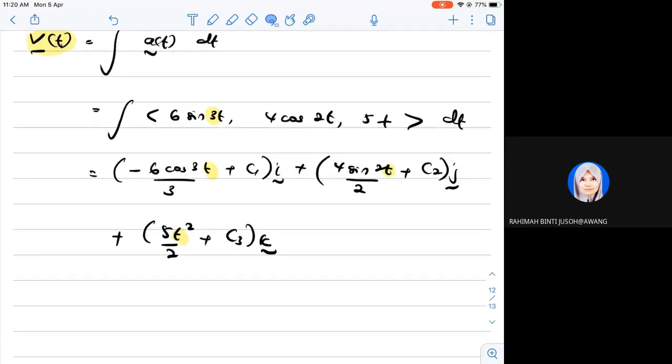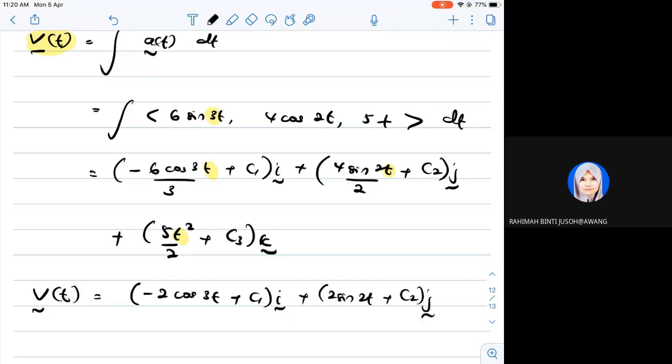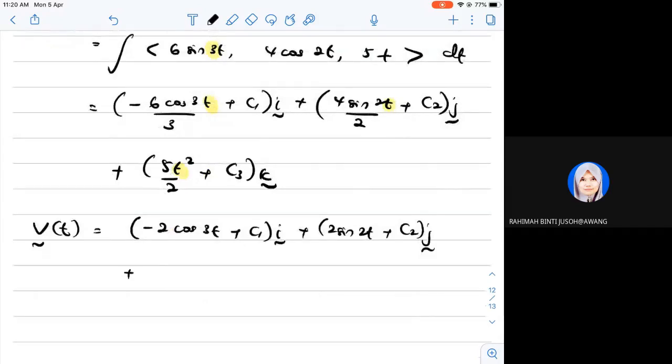Okay, VT kita simplify dulu lah supaya you tak pening. Negatif 6 bagi 3, so negative 2 cos 3t plus C1i, and then plus 2 sin 2t plus C2j, and then plus, ni sama dah, 5 over 2 t squared plus C3k.